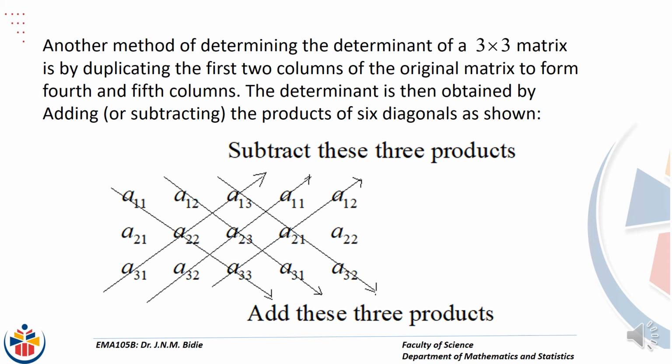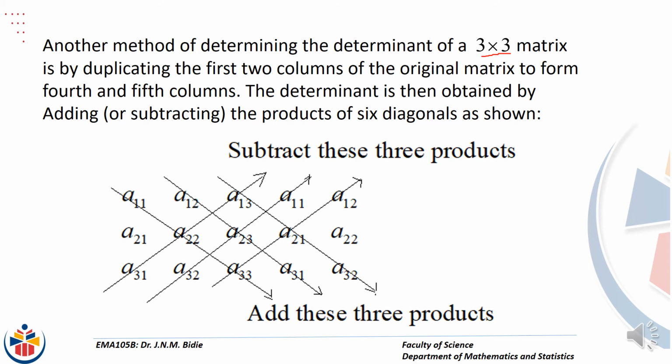Also, there is another method that we use, in particular for a 3 by 3 matrix, where what we do is to repeat the first column, and the second column, and then we formulate diagonals.